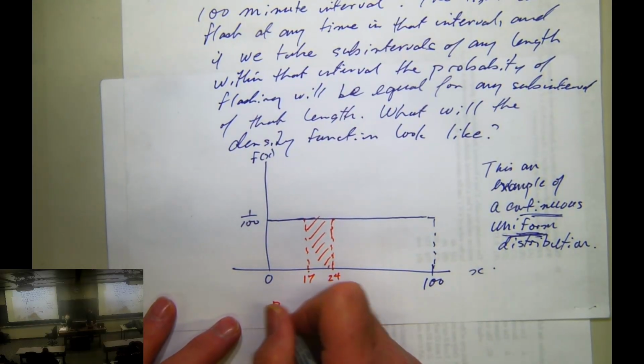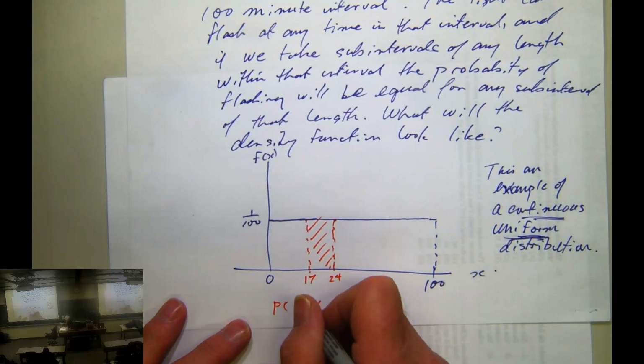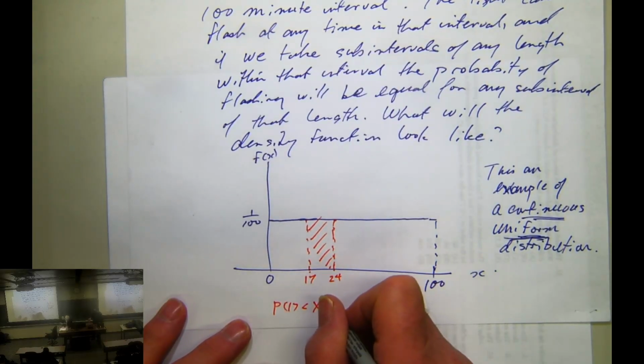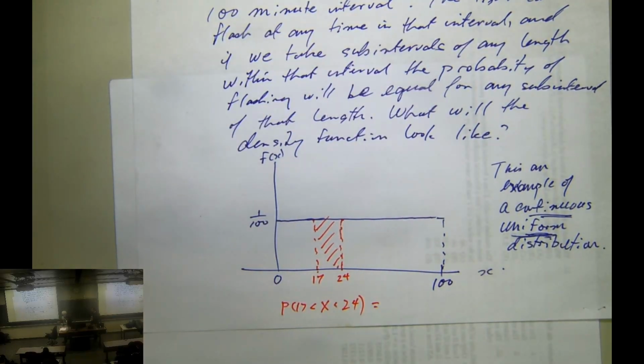So the probability that x falls between 17 and 24 is that chunk of the area under the curve.